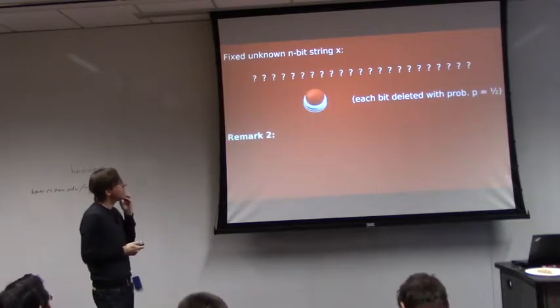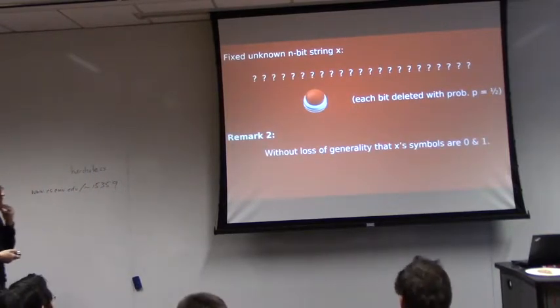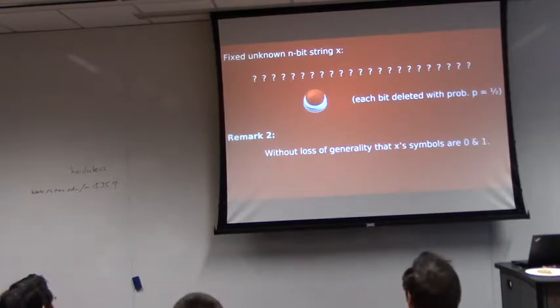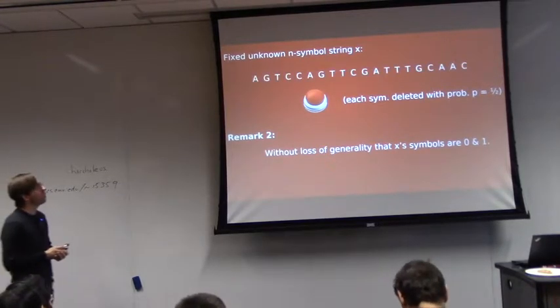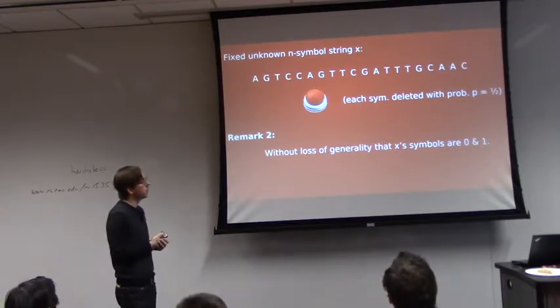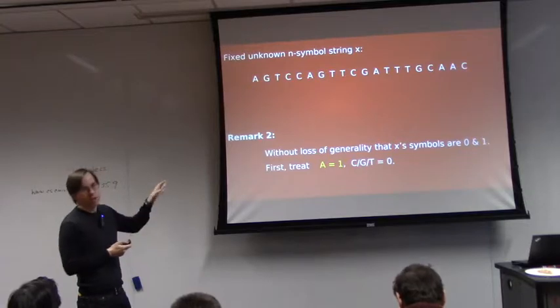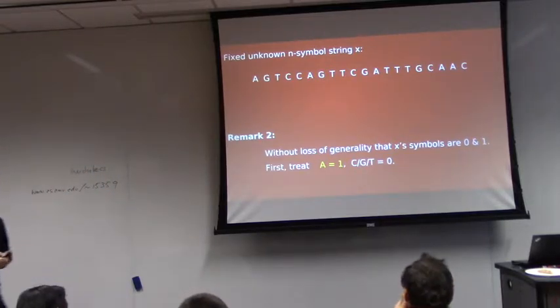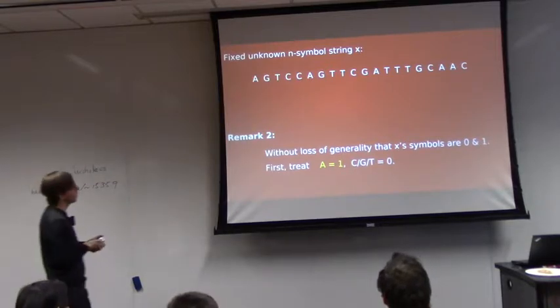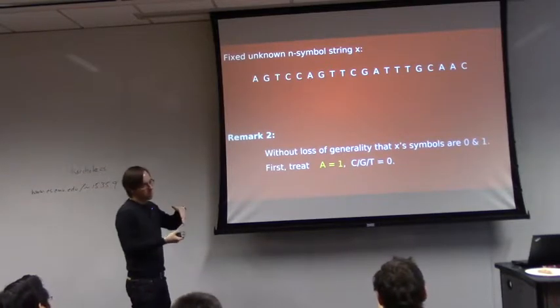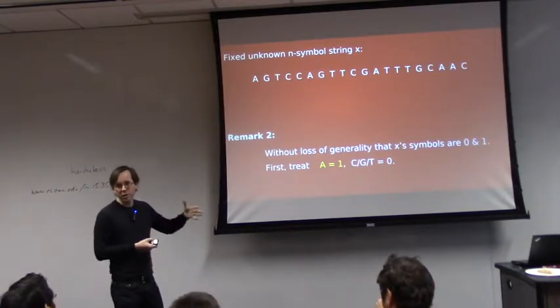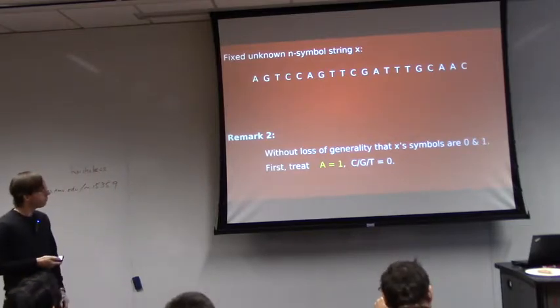Good. Remark 2: it's actually without loss of generality that x's symbols are 0 and 1. You might imagine trying to do trace reconstruction over a larger alphabet, where each symbol is deleted with probability a half. But you can easily reduce to that case if you can solve the problem where the alphabet is 0 and 1. Let's say you have an alphabet of size 4, A, C, G, and T. Then in your traces, whenever you see an A, you think 1, and whenever you see one of the other letters, you think 0.